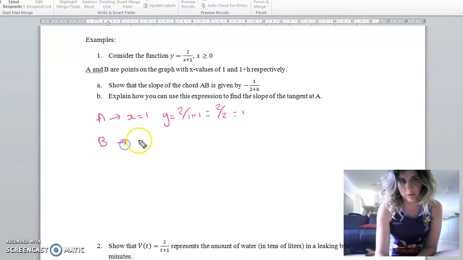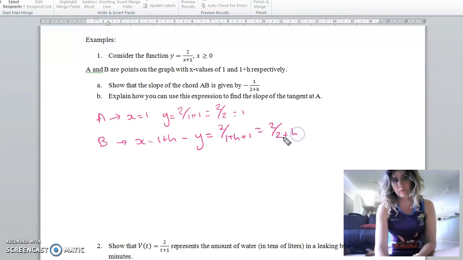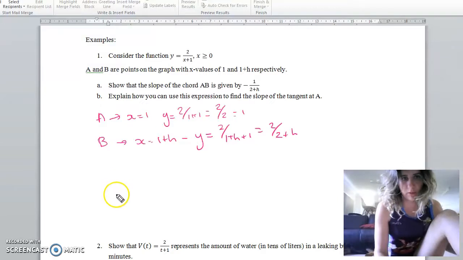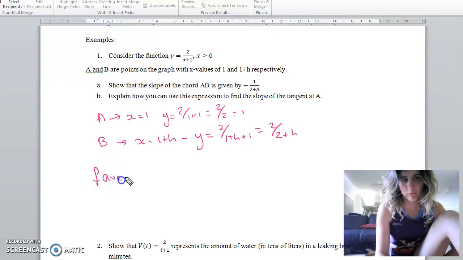B is where x is 1 plus h. So y is going to be 2 over 1 plus h plus 1, which is 2 over 2 plus h. Now the slope of our chord is our average rate of change. So we've got f of b minus f of a over b minus a.